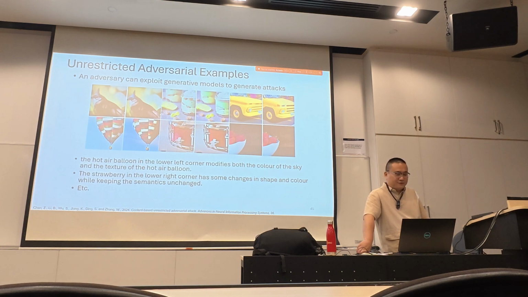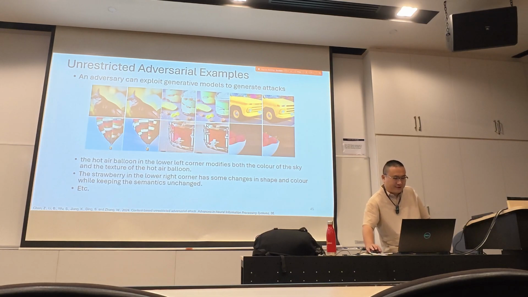If you use state-of-the-art generative models to fool the model, you can actually generate very good attacks. For example, the left figure is the clean image, and the right one is the attack. You can use commercial generative models, for example, to slightly change the color of the sky.